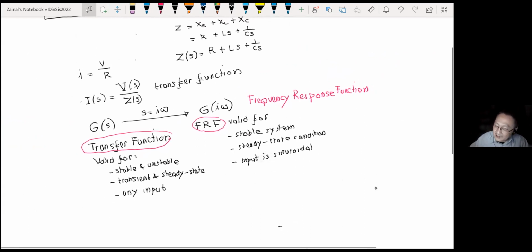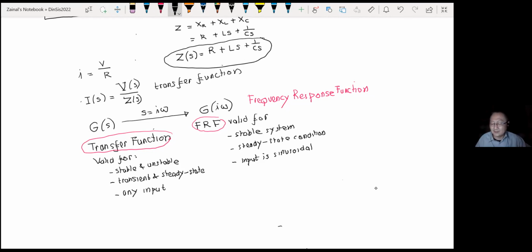Look, we already derived that the impedance is this one. From here, we know that R is equal to V divided by I, and this one is equal to VS divided by IS, also a transfer function. Now, I want to show you this one.